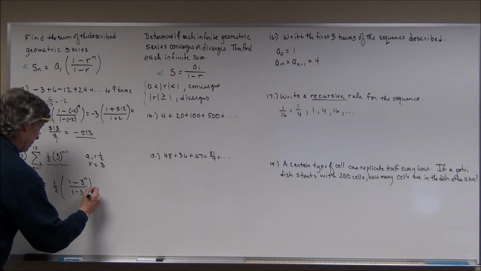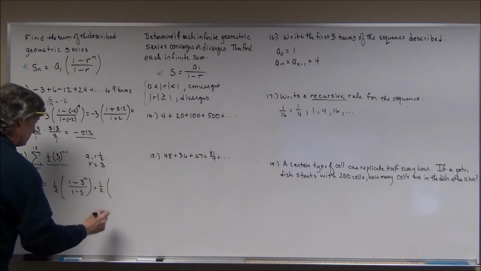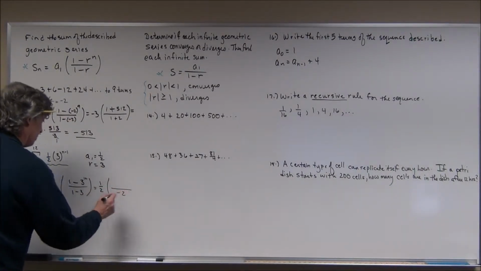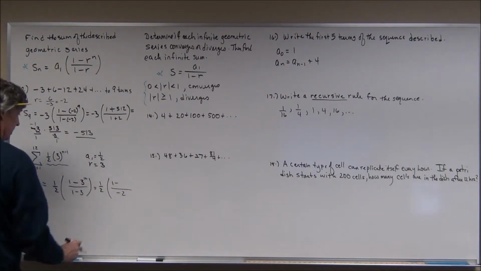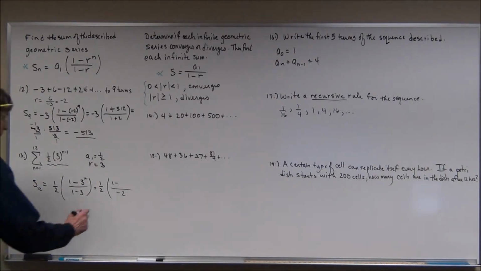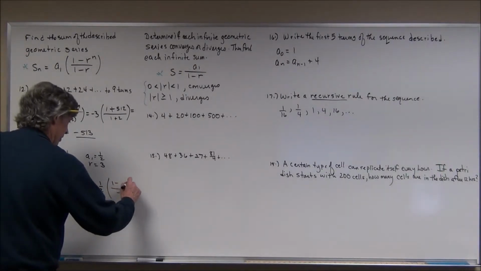So this is going to be 1/2 times, oh, let's see, the denominator is going to be a negative 2. That I can do. 1 minus 3 to the 12th. That would be like 9 to the 6th. Man, I don't know what that is. 81 to the 3rd. It's a big number. Bring a calculator with you.